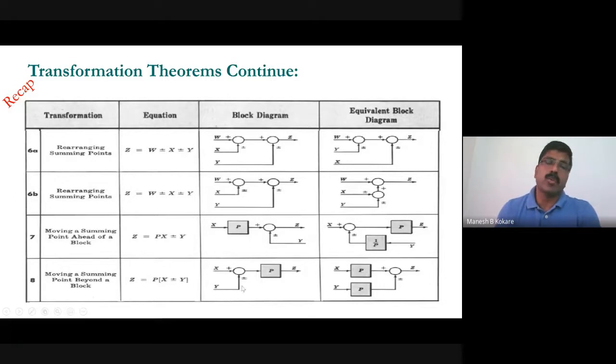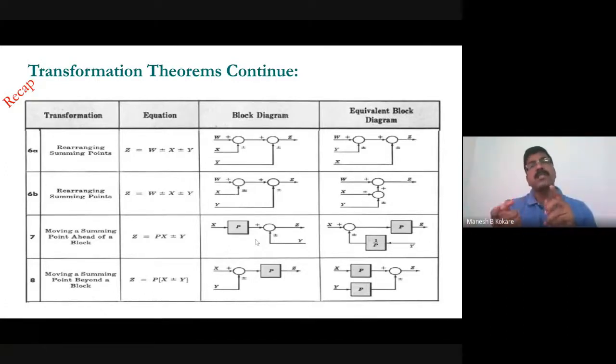Now the eighth rule is moving this summing point beyond the block. So you are shifting this summing point beyond the block. At that time, you have to make the change in the Y signal by adding one more block having transfer function equal to P. So your output will not change. So the Z value will remain the same. So now there are rules like moving a summing point ahead of the block or beyond the block.